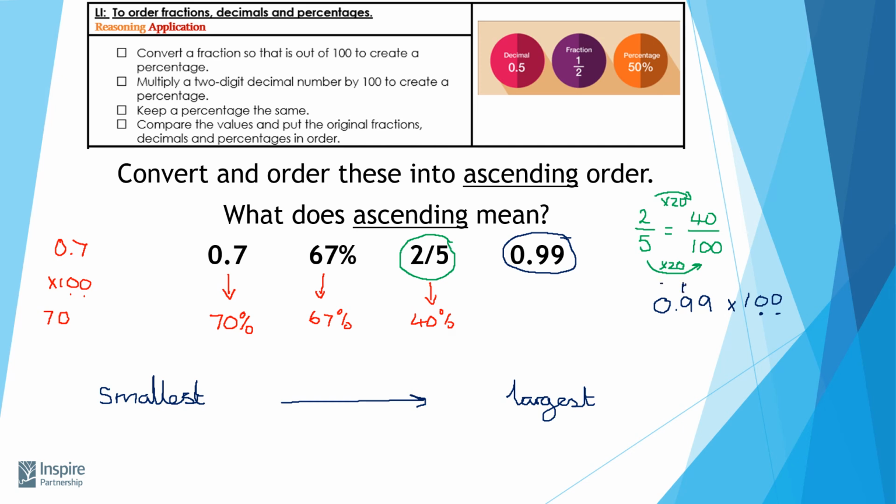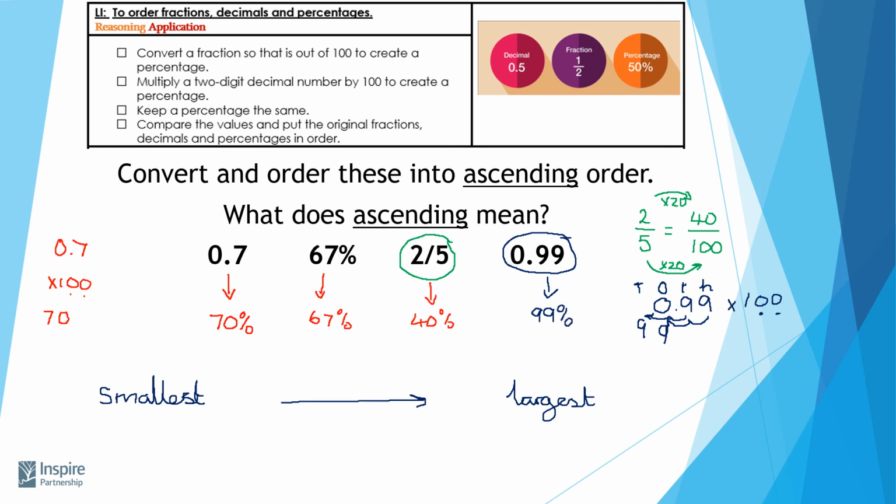I know it's then going to move into my ones column, and then afterwards it's going to move into my tens column. So that first 9 is going to make 2 jumps into my tens column. The second 9 here in my hundredths column is also going to make 2 jumps and end up in my ones column. So it's going to become 99. And remember, 99 is, we know that it's definitely out of 100, so it becomes 99%.